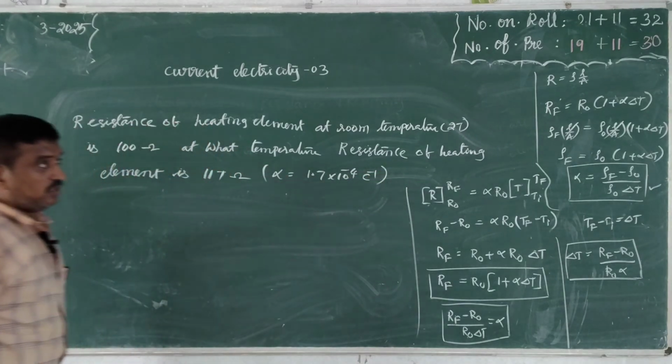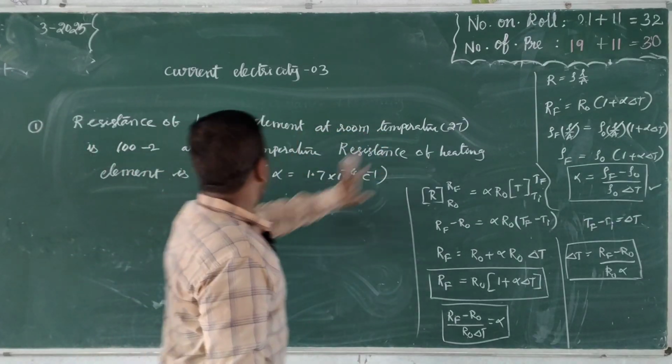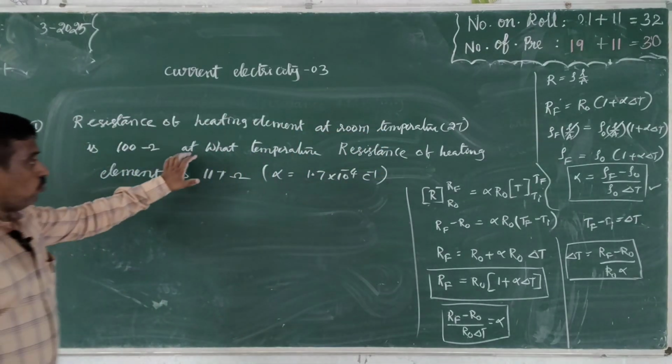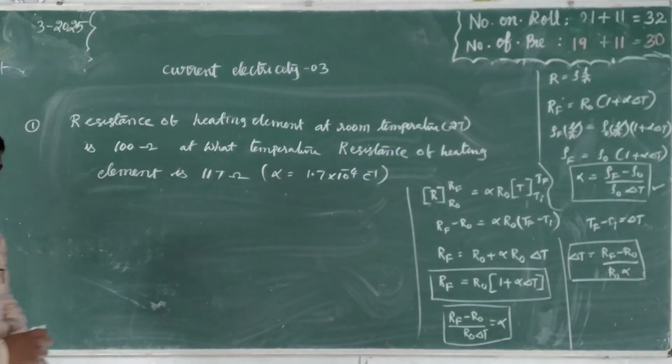It is the alpha value. It is the problem. See once again, the resistance of the heating element at room temperature is 100 ohm. At what temperature is the resistance of the heating element 117 ohm? So that we want to find out.